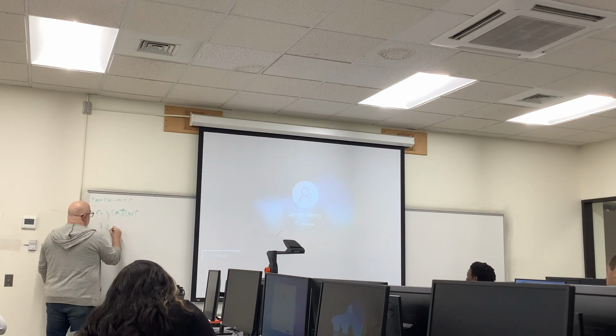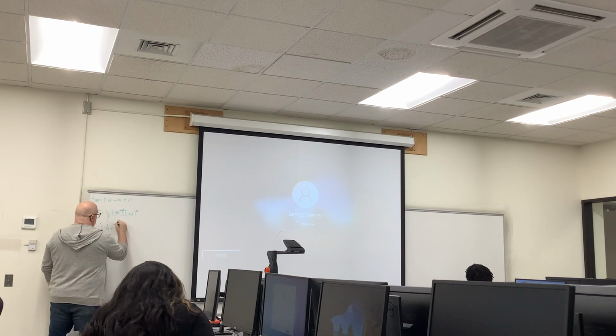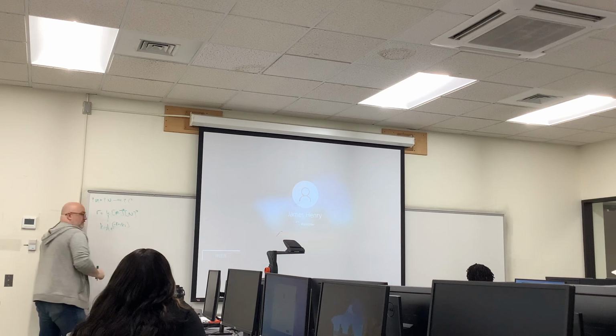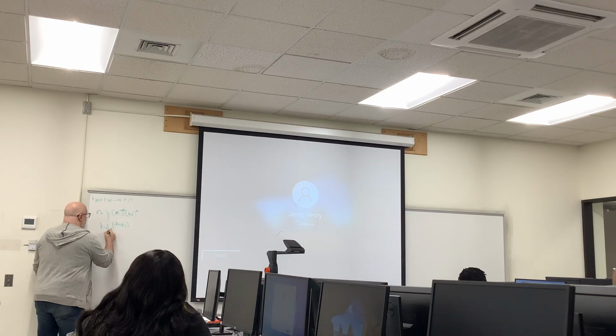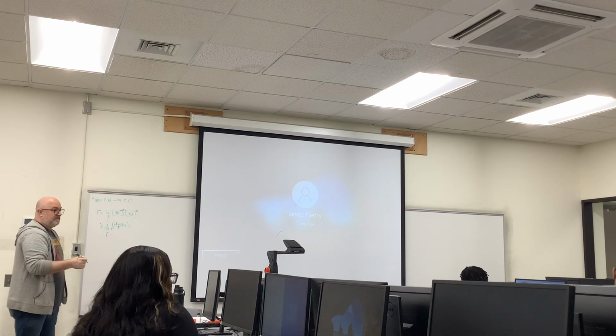Arrhenius: k equals A e to the negative Ea over RT. A is a constant for this system, and our activation energy is also a constant for the system.